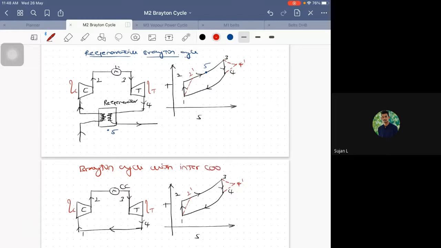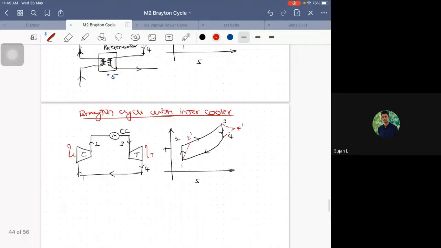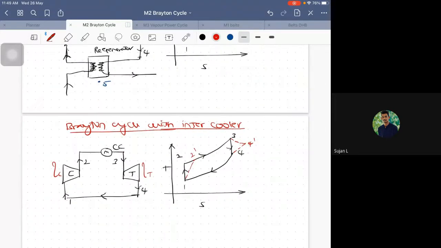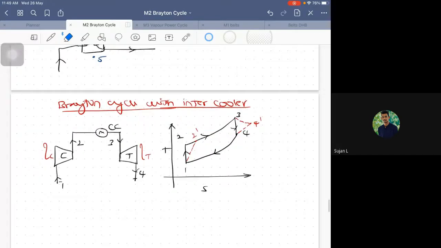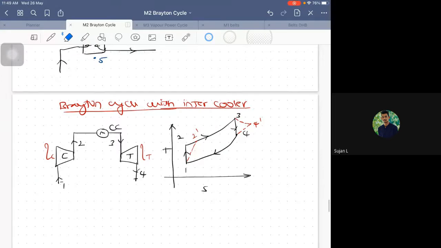Now I am drawing a Brayton cycle with intercooler. So how does it look actually? If it is using an intercooler, what happens there? Anyone? Here, the compression would take place in 2 different phases.